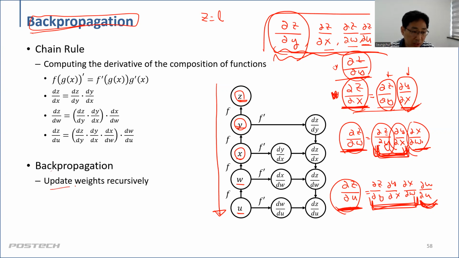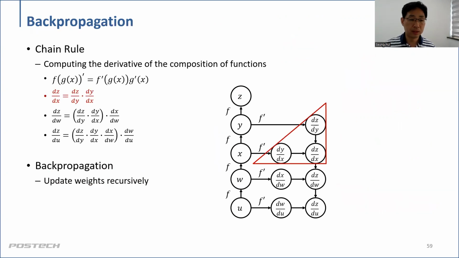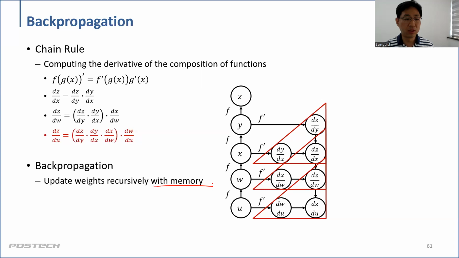So we can update weights recursively with the memories. I guess it's good enough to understand what backpropagation is. I'll give animations like that, so now it's with the memories.